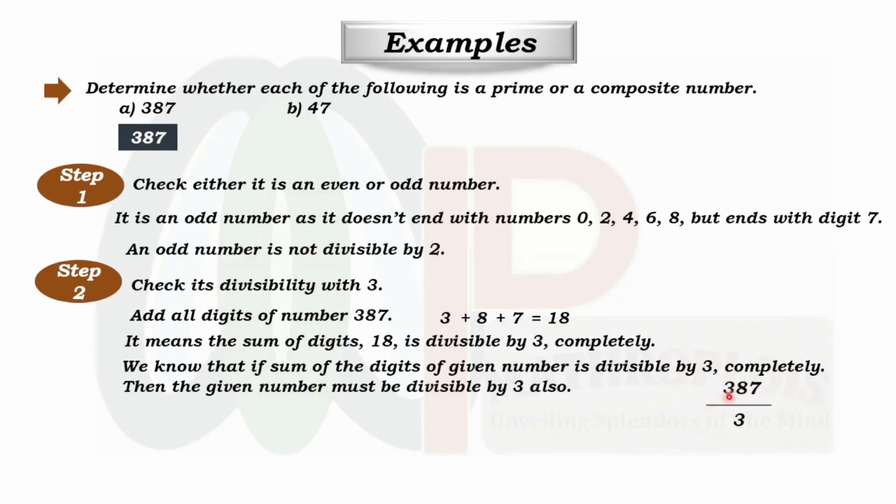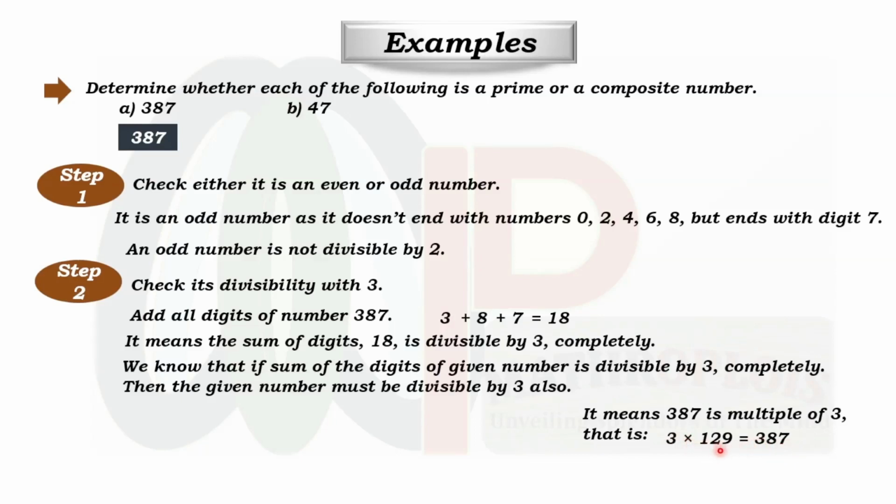So, 387 must also be divisible by 3 completely. 387 divided by 3 is equal to 129. It is a complete, whole number. It means 387 is a multiple of 3. That is, 3 multiplied by 129 is equal to 387.